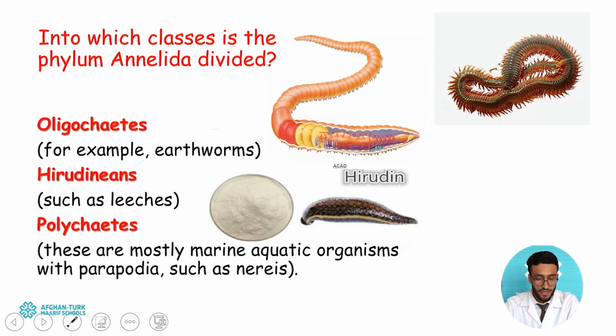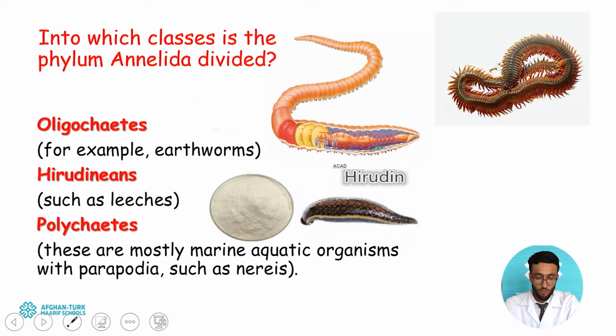About the hirudineans, the example animal is the leech. They produce a kind of protein which prevents blood coagulation. Therefore it has a wide medicinal usage.